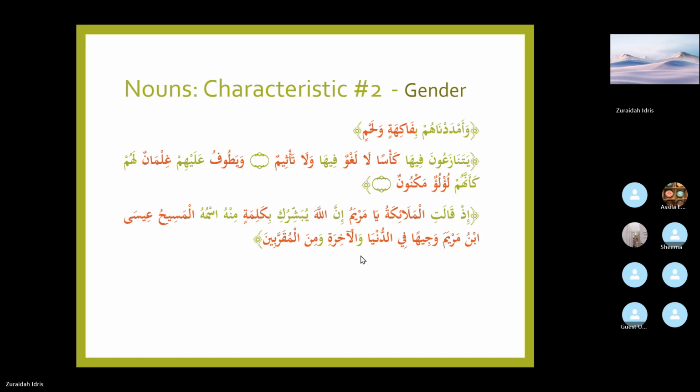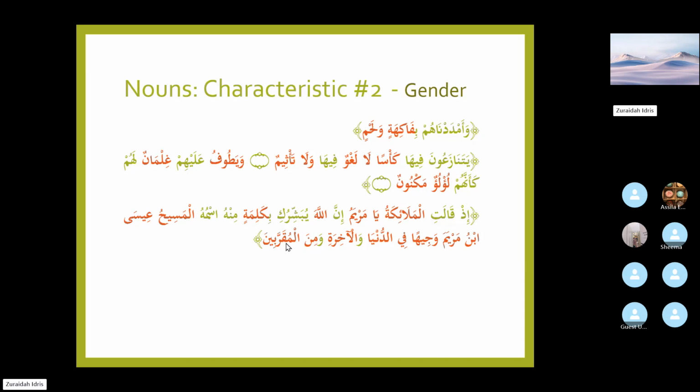There is a ta marbuta, feminine. Good. And min? Min is a harf, yes, because it's just two letters.